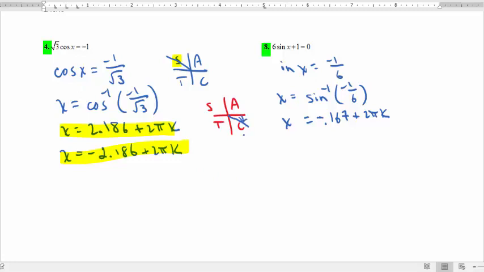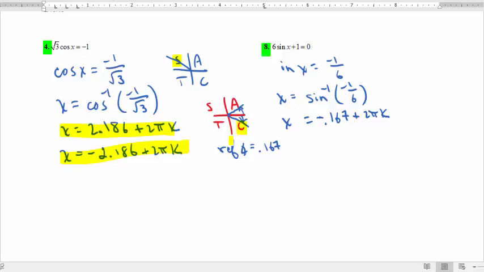So that really means that the reference angle for this is actually the opposite, right? So the reference angle here is positive 0.167. So we already have the solution that's in the fourth quadrant.